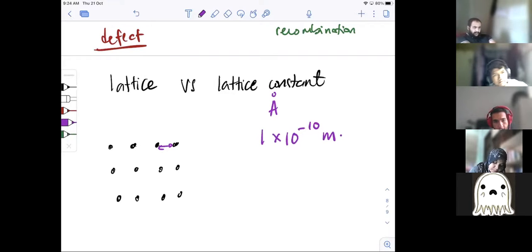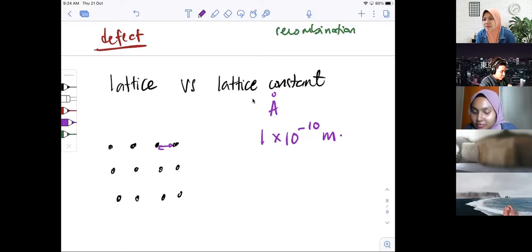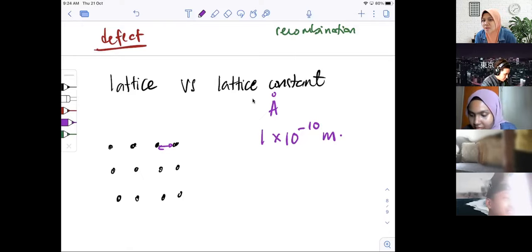To fit into the calculation. The calculation? Yes, calculation. Calculation for what?